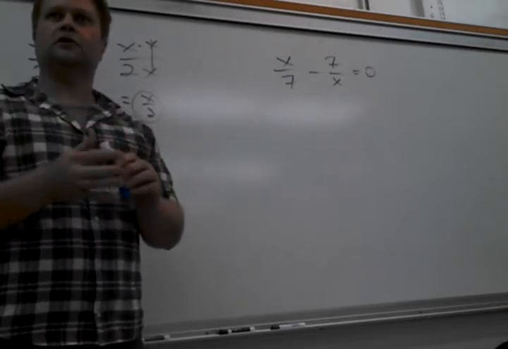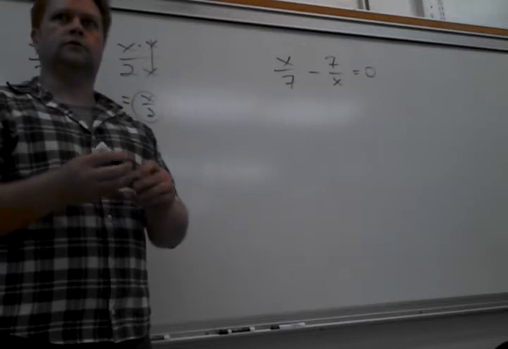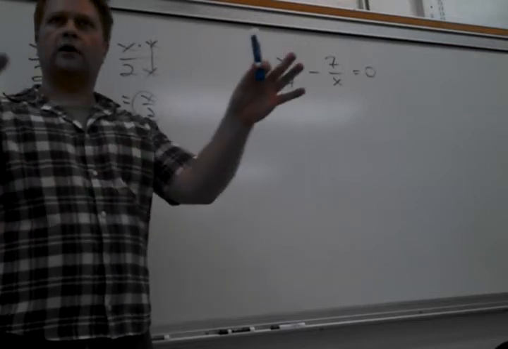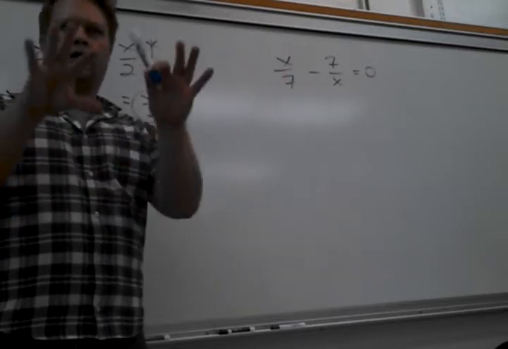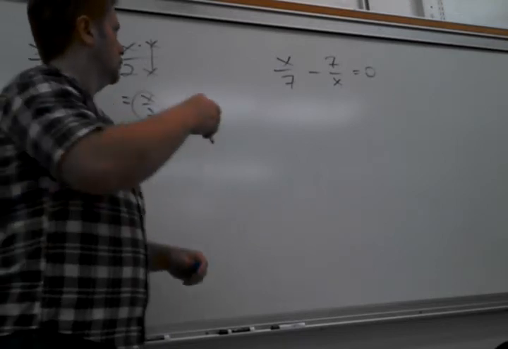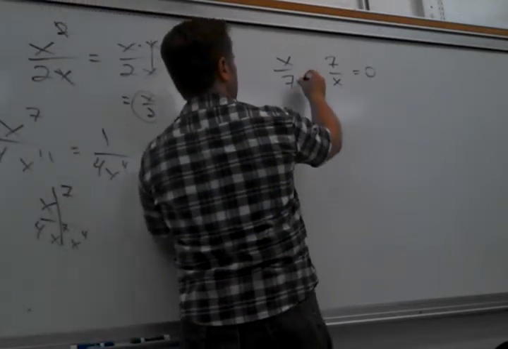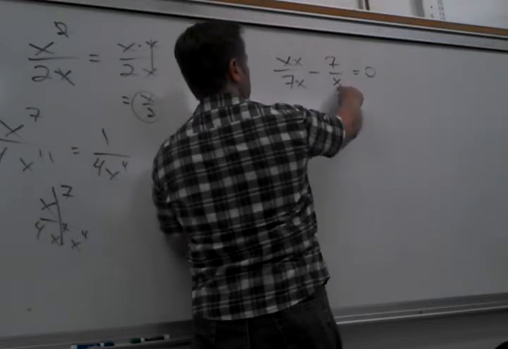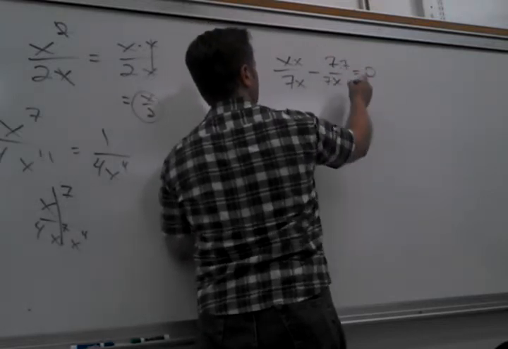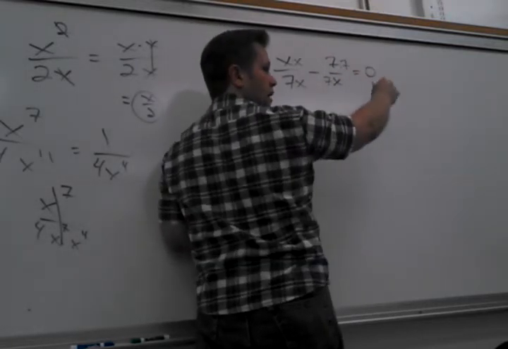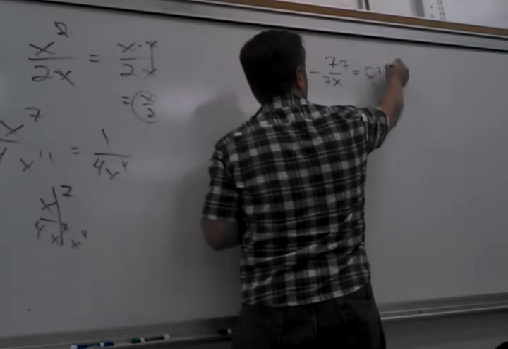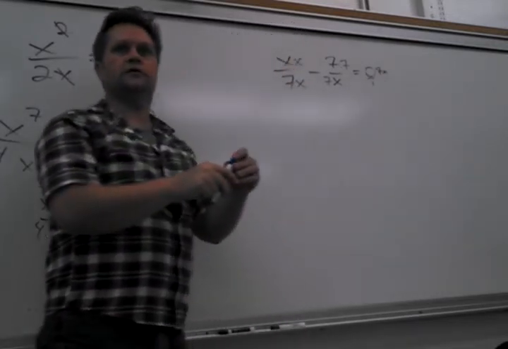Good. It's an equation, so you're allowed to do what? You can multiply by whatever you want eventually. What do you kind of want to do first? Make it 7x. Yeah. 7x. So he needs an x on the top and the bottom. He needs 7. And the 0 doesn't matter. You can give him 7x all day long. He's still going to be a 0, right?